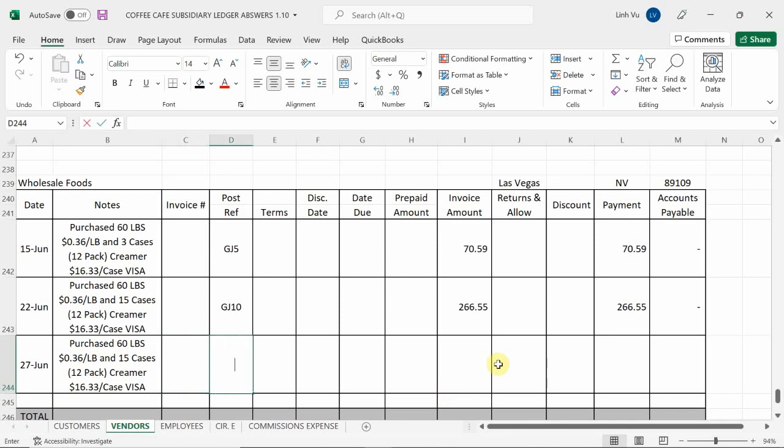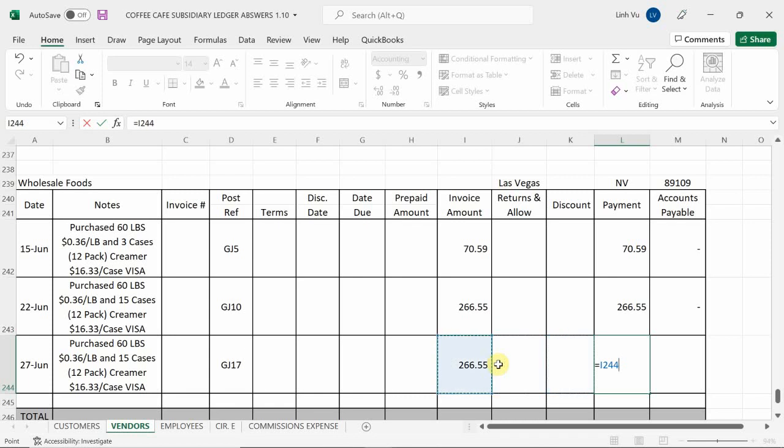Usually you won't be needing to return food, okay? And it was quoted for me for $266.55. But what a Visa payable does, it acts as if it's advanced cash for you, so you paid for it.